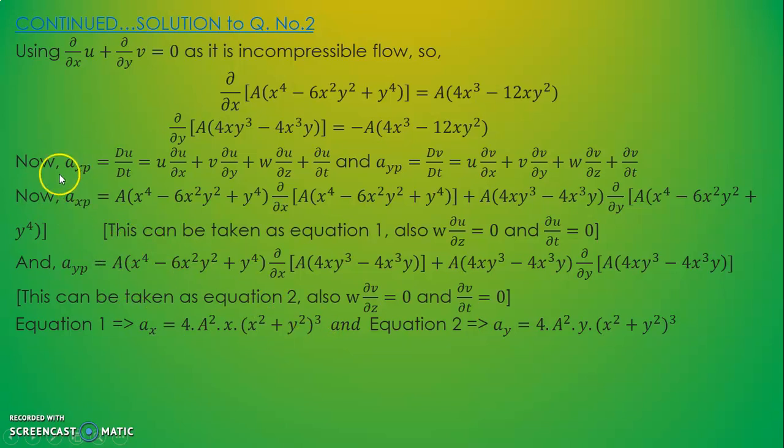This is obtained on further simplification of the equation for acceleration in the x direction, and similarly for acceleration in the y direction, the values can be put and the solution can be obtained on further simplification of this particular equation. In both the equations, w into del z of u is equal to 0 and del t of u is equal to 0.